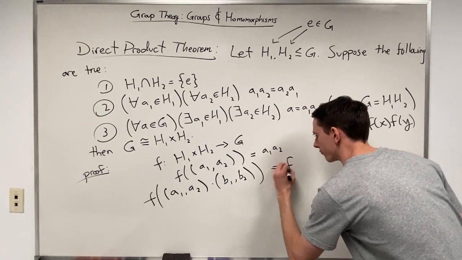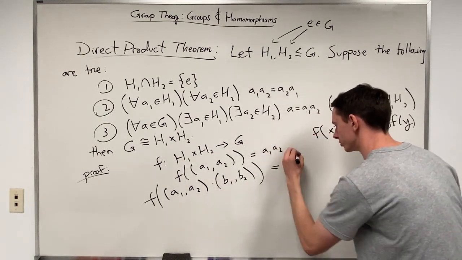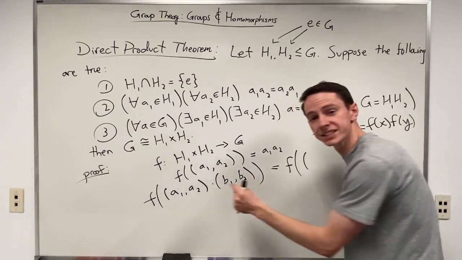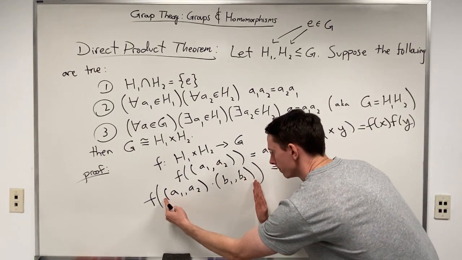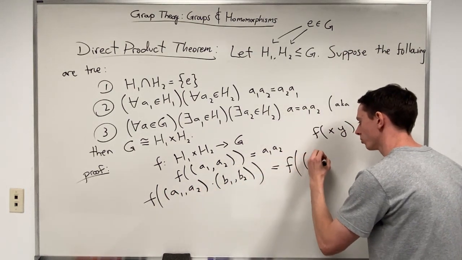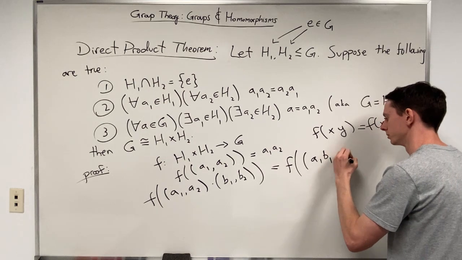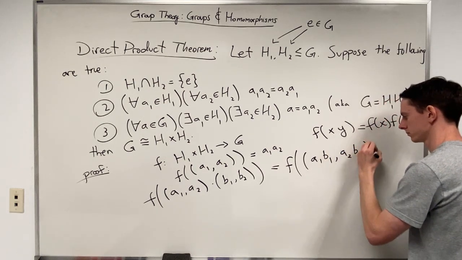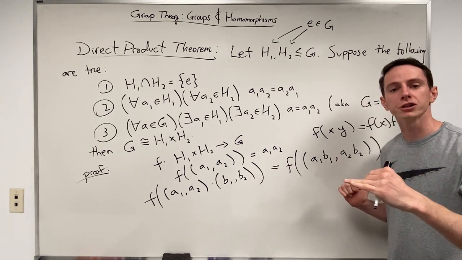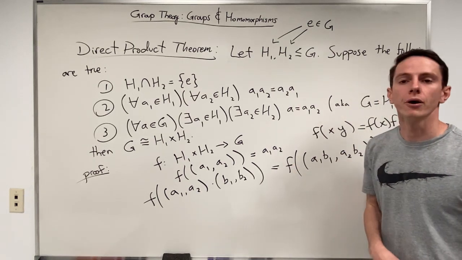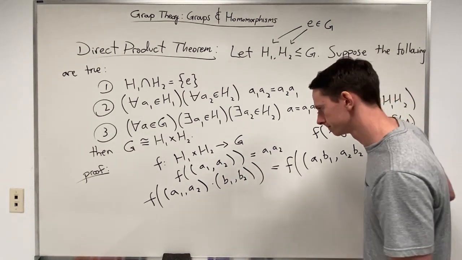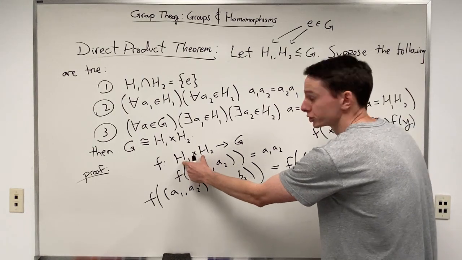So if we take a1, a2 times b1, b2, we get a single ordered pair as the output, and that ordered pair is going to be a1 b1, comma a2 b2, like this. This just came from the definition of the binary operation defined when we were talking about direct products of groups. We're talking about the binary operation associated with this group.